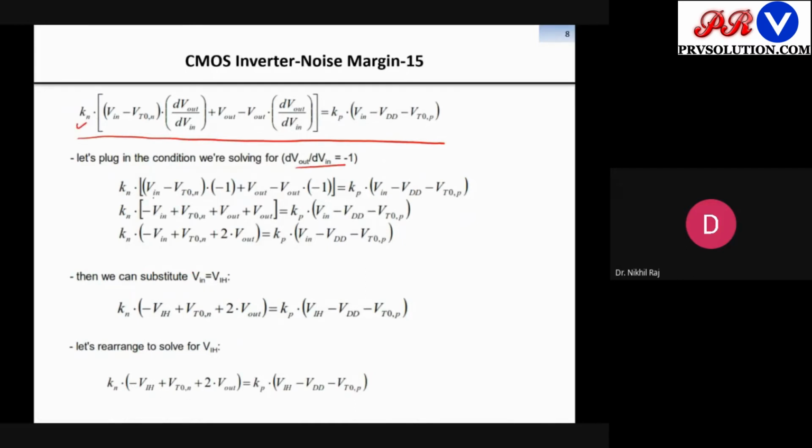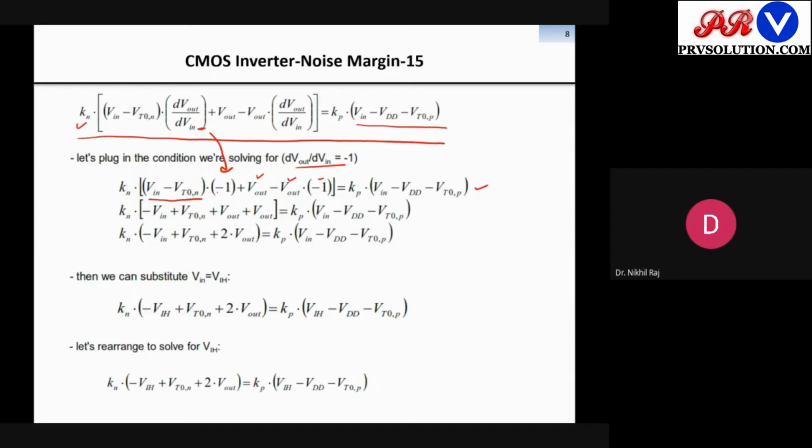So Kn into V in minus V out, in this place the minus 1 is used, plus V out minus V out, and the derivative again, here the slope is minus 1, and Kp into this whole term will repeat here. Now it's just rearranging of terms, that is Kn. Take V in and V out at one place.